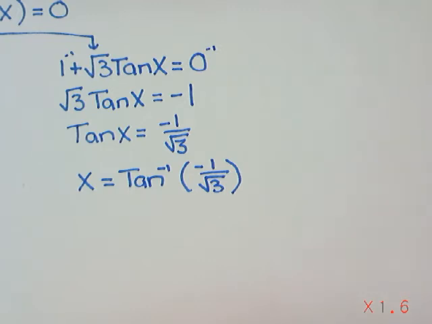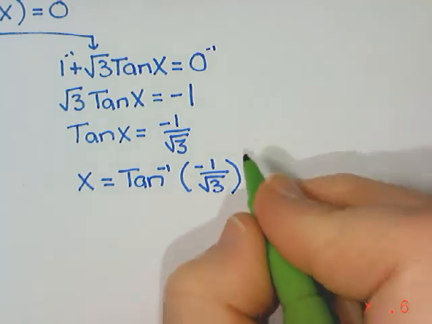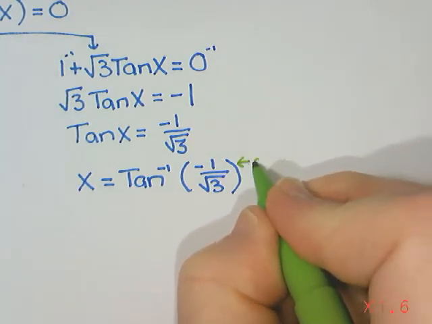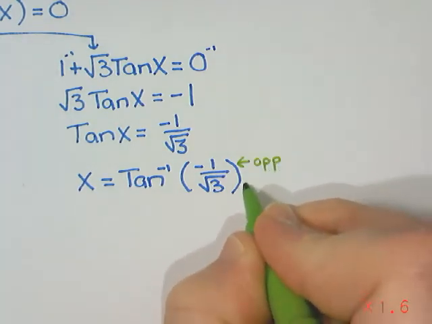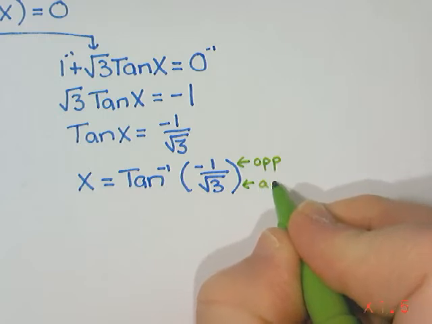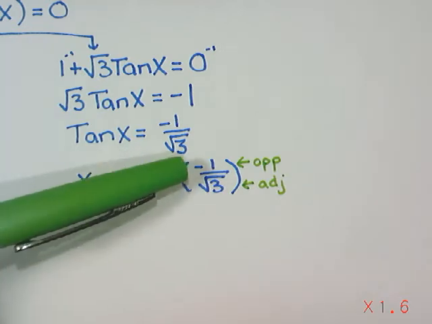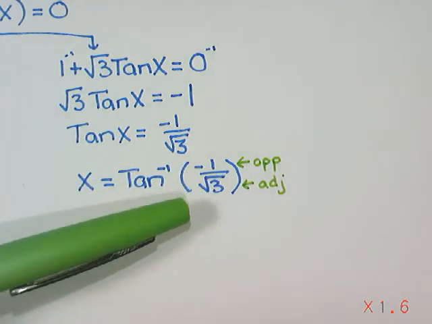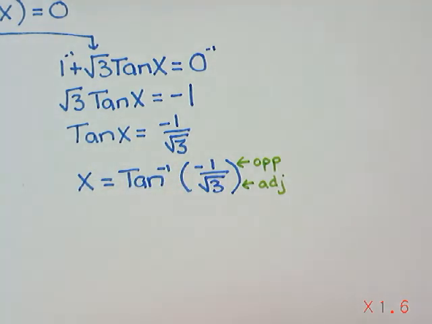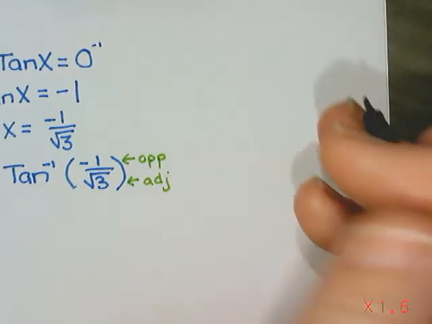Looking at tan, the ratio for tan is opposite over adjacent. So I am looking for a right triangle, one of my special triangles, that has potentially an opposite side of 1 and an adjacent side of the square root of 3. I only have one triangle that has a side of 1 and root 3, and that is this triangle here.